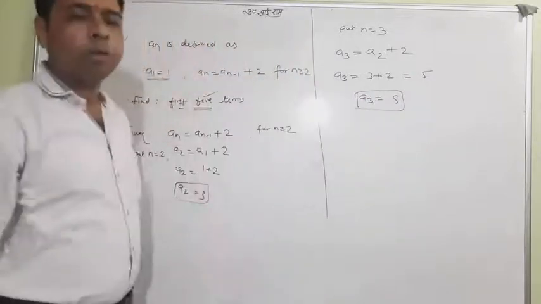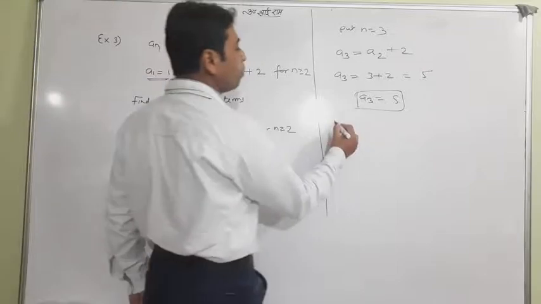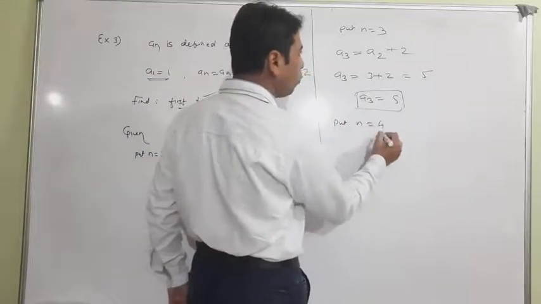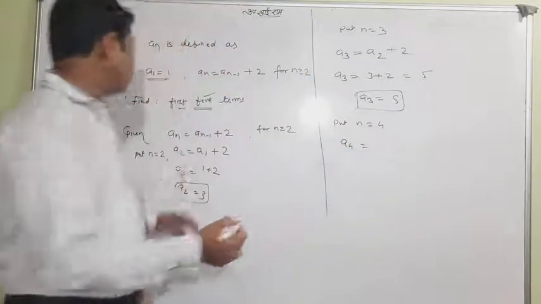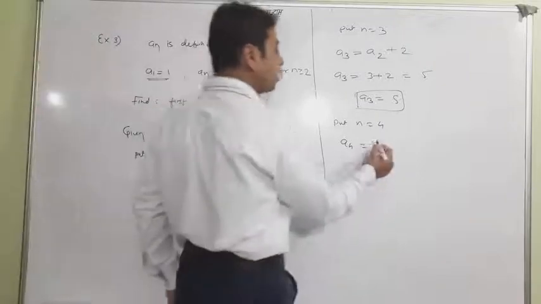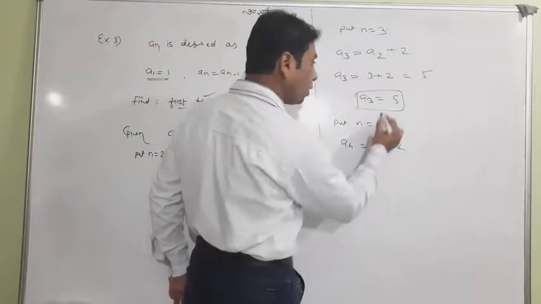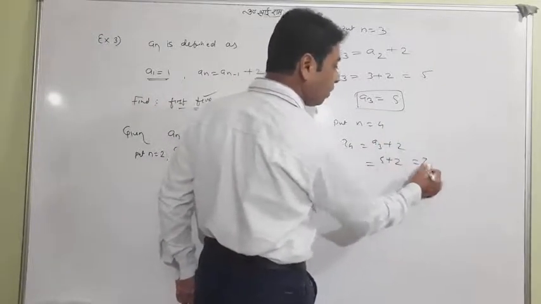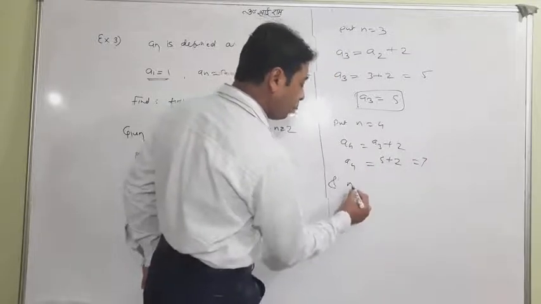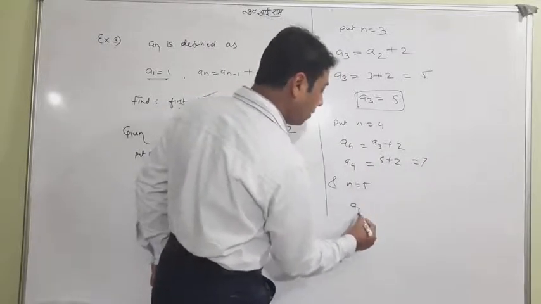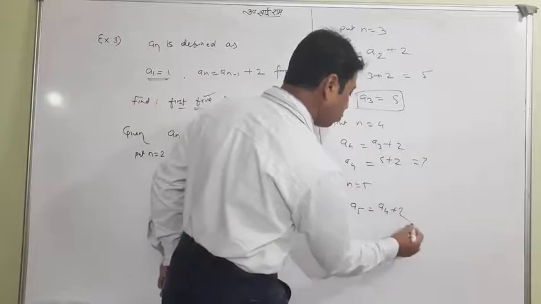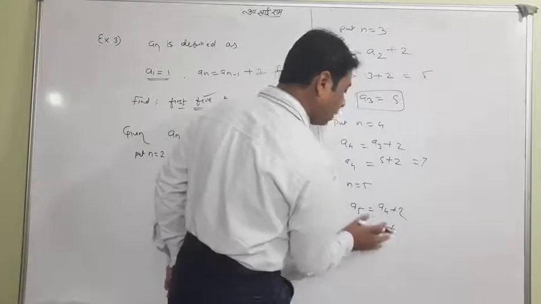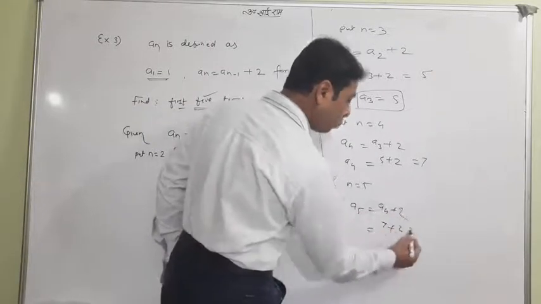Now I think you have got the concept. Similarly I'll go with n equal to 4. I'll have A4 equal to A3 plus 2. So your A3 is 5, plus 2, you got 7. And finally put n equal to 5. So you have A5 equal to A4 plus 2. A4 was 7, 7 plus 2, that's 9.